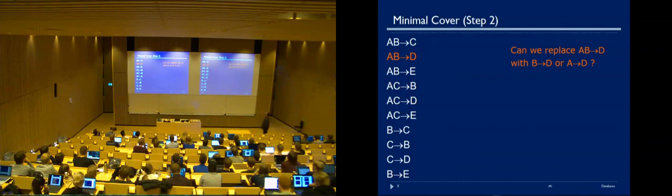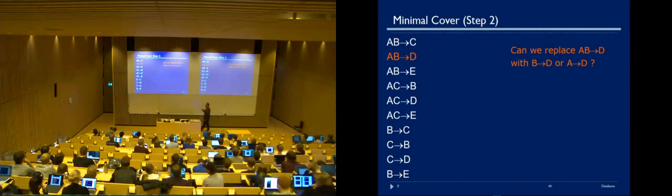Let's try step 2. Let's try to see whether, there are many ways to eliminate something. I mean, one way to eliminate it is thanks to transitivity, or one way is to eliminate something because it is completely redundant as a dependency in full. I mean, it should completely go away.